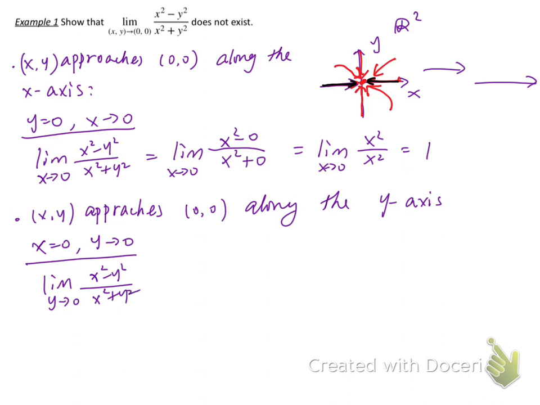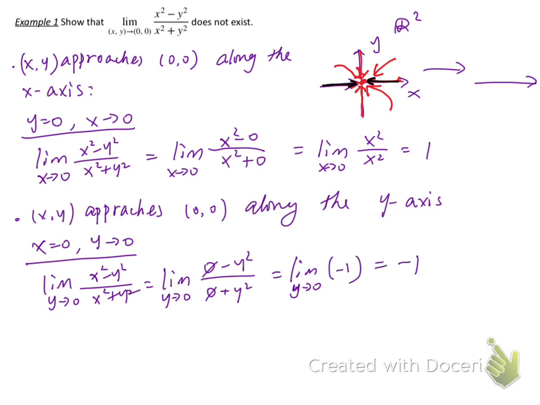In the function, actually x is 0, so it's 0 minus y squared over 0 plus y squared. Same thing, 0 doesn't really contribute in addition or subtraction, and y won't be 0 until it gets to 0. So you are having the limit as y approaches 0 of -1, which doesn't depend on y, so -1.